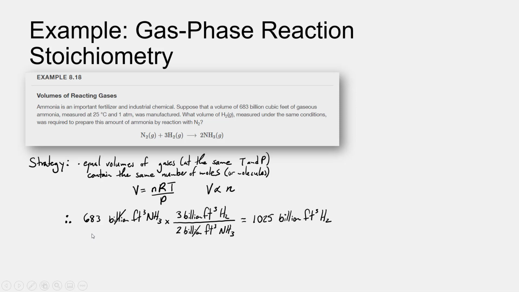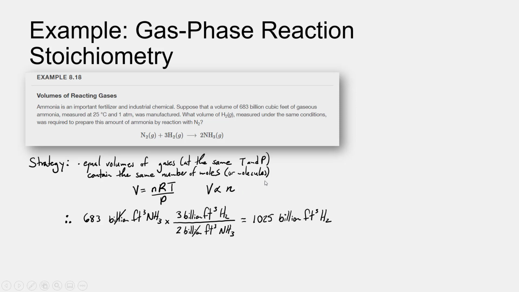So we can arrive at our answer by starting with 683 billion cubic feet of ammonia, and we will need 3 billion cubic feet of hydrogen to react with every 2 billion cubic feet of ammonia, giving us 1,025 billion cubic feet of hydrogen to fully react with 683 billion cubic feet of ammonia.